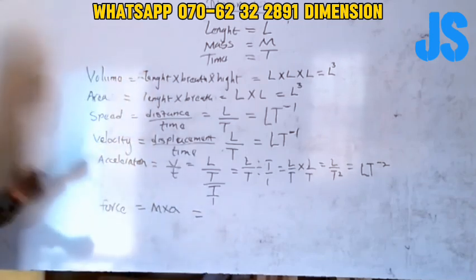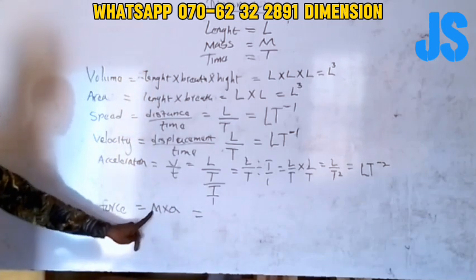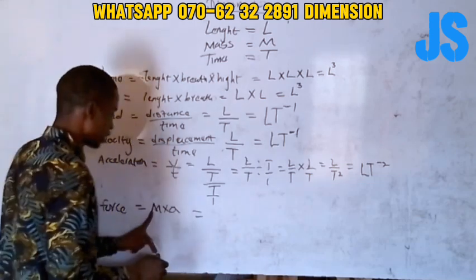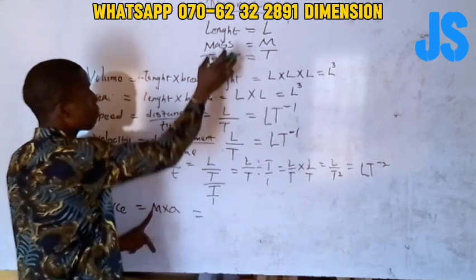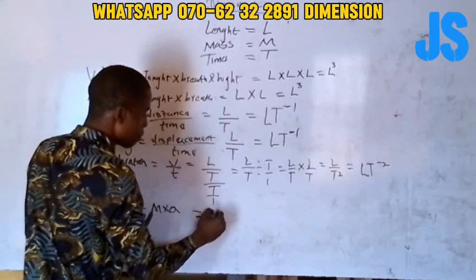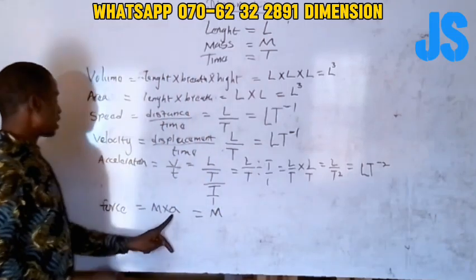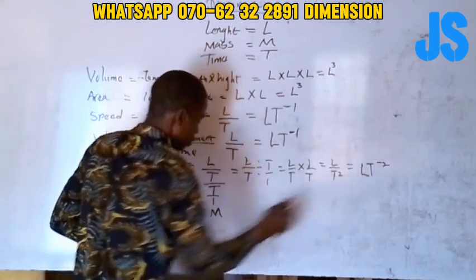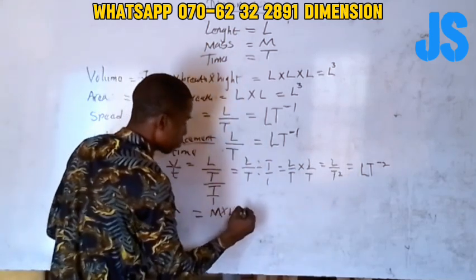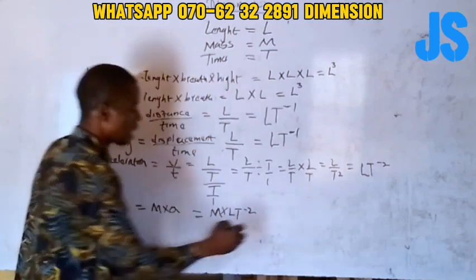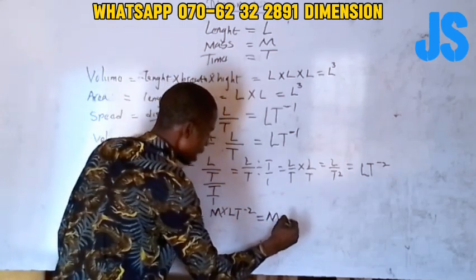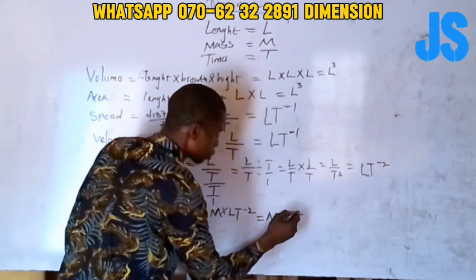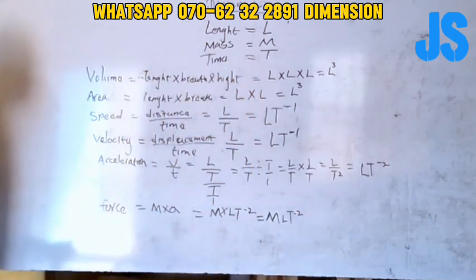Mass represents capital M. And remember, the dimension of acceleration is L T minus 2. Multiply it, and we have M L T minus 2. That's the answer.